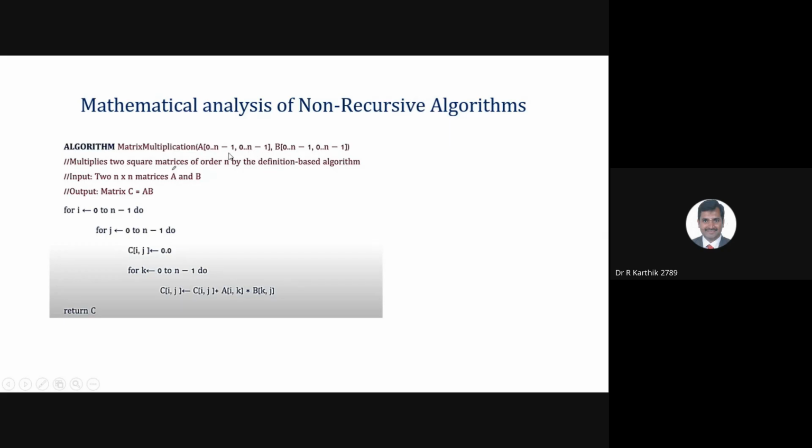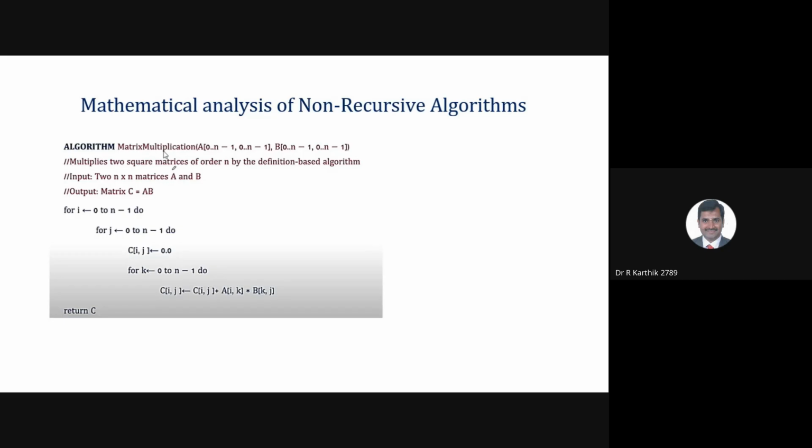The first one is for rows, the second one is for columns. Similarly, for the second matrix B, we have B[0 to n minus 1], that is the row index, followed by the column index as 0 to n minus 1. This is the way to write the function for computing matrix multiplication.